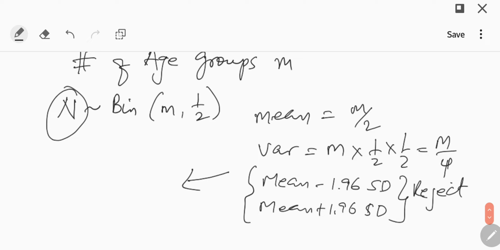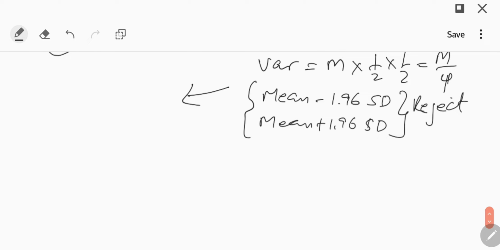So what could be done is, one, I can use the normal distribution assumption of the binomial and then go with the mean minus 1.96 standard deviation, or we can go with mean plus 1.96 standard deviation and test whether it is greater. Otherwise I can purely restrict myself to the binomial distribution itself, right?